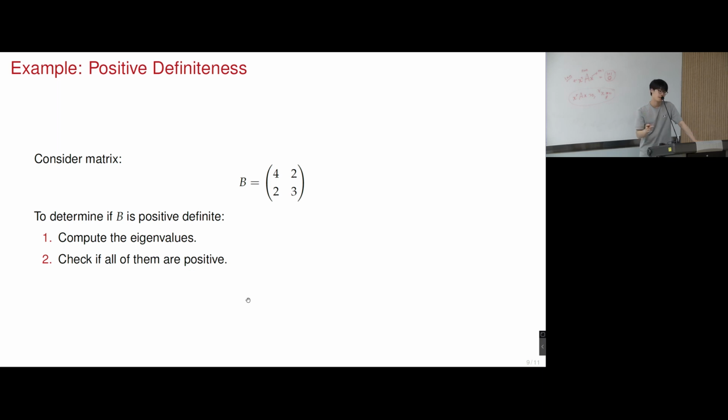So basically, if you want to show that the matrix has the positive definite property, you can use the very rigorous definition, which would be using this quadratic form to show that the matrix indeed has a positive value. But another way to show it is to just compute the eigenvalues, and if you can check that this matrix indeed has eigenvalues that are all positive, we can say that the matrix is positive definite, right?